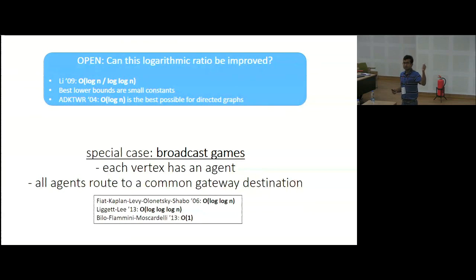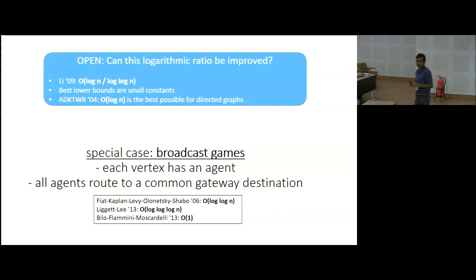Okay, so that's specialization 1. Specialization 2, or special property 2, is that every vertex has an agent. Earlier maybe there were vertices in the graph that did not have agents. In the case of broadcast games, every vertex will have an agent. And there are a series of results for broadcast games, much better results.